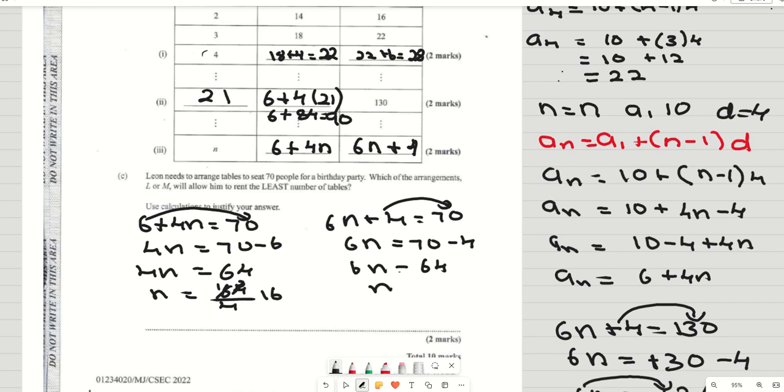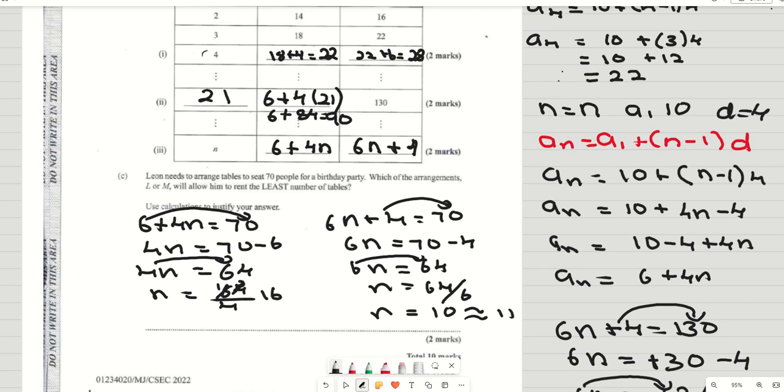So n is equal to 64 divided by 6, if you carry across multiply by 6 it is going to be divided by 6. So n would be 10 remainder something. Obviously, you can't have a remainder of a table. So as soon as you see there's a remainder, it's approximately 11 tables you will need to seat 70 people.